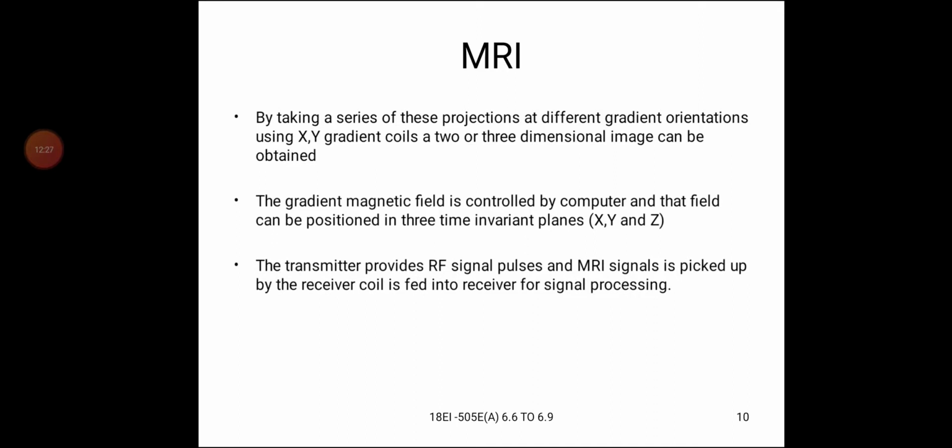The transmitter provides RF signal pulses and the MRI signal is picked up by the receiver coil and is fed into the receiver for signal processing.